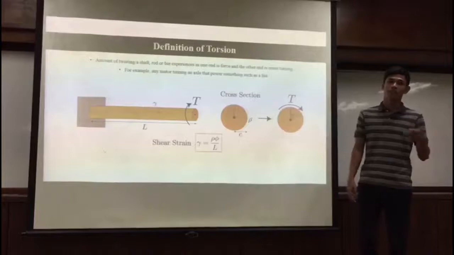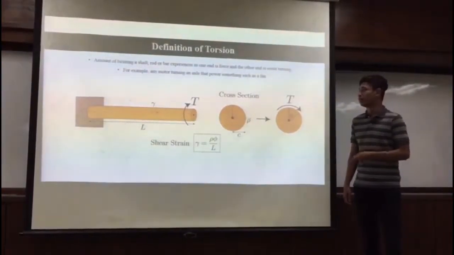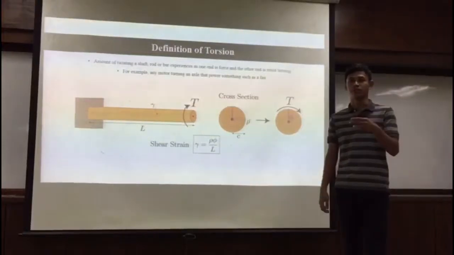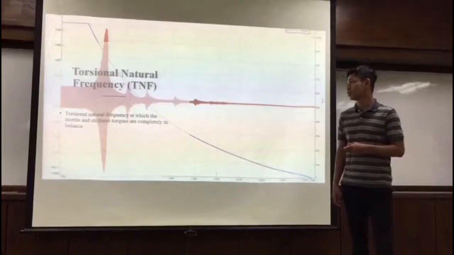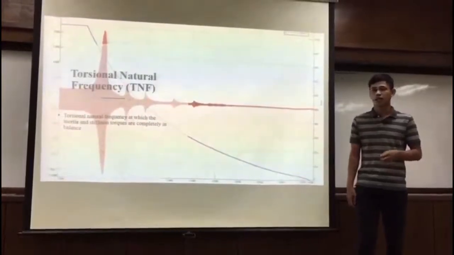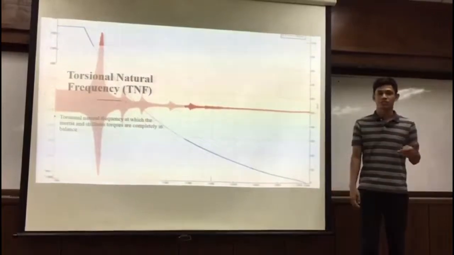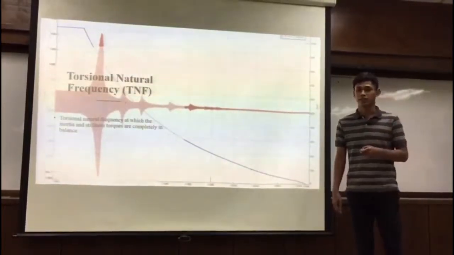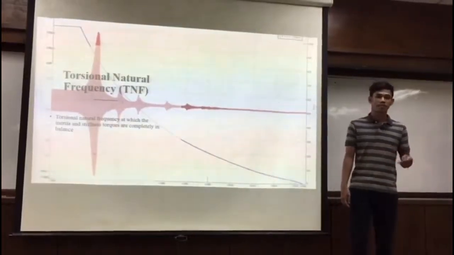An example of torsion is any motor turning a shaft that produces power, such as a fan. Torsion natural frequency is the frequency at which inertia and stiffness torque are completely in balance.